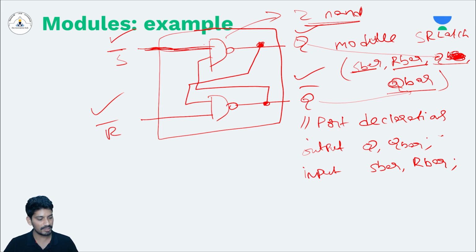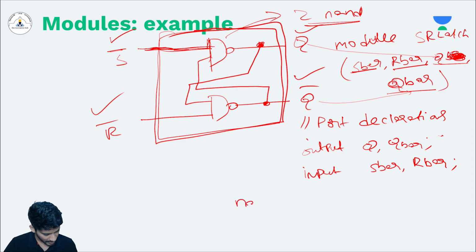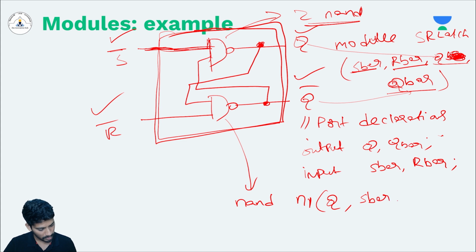Once the port declaration is done, then you can start writing the behavior or the hardware of your module. So I am using two NAND gates. I am writing like this: nand, which is a keyword to represent the NAND gate in Verilog. I am calling it N1, and the output is Q, one input is S bar, and the other input is coming from Q bar.